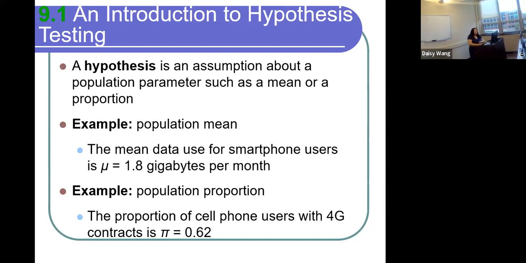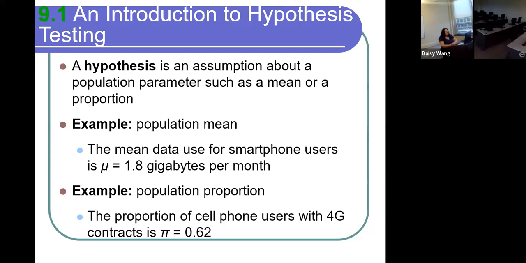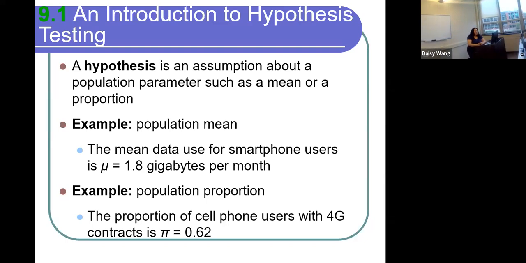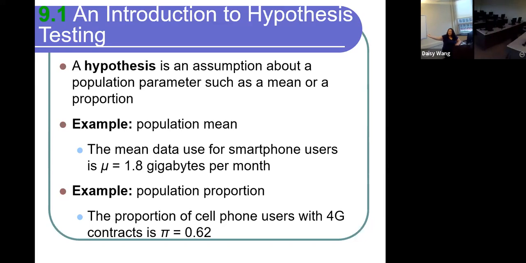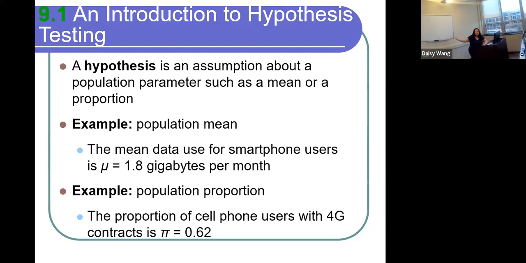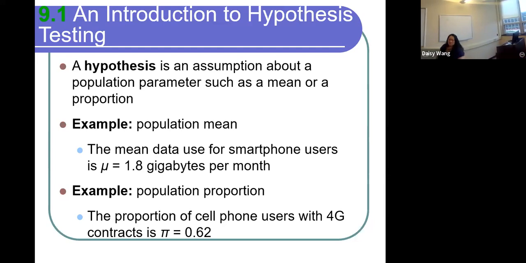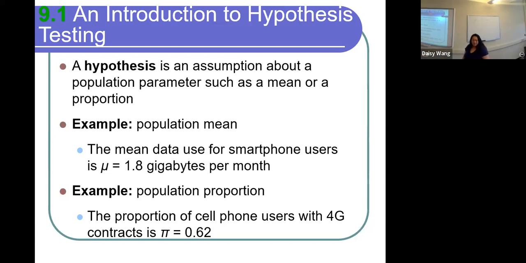So now, if we have a portion of the data users at 0.62, then we need to test whether or not it is true that people use smartphone data that much. I would say, well, I think most people, I would say teenagers, use more than 1.8 gigabytes per month.